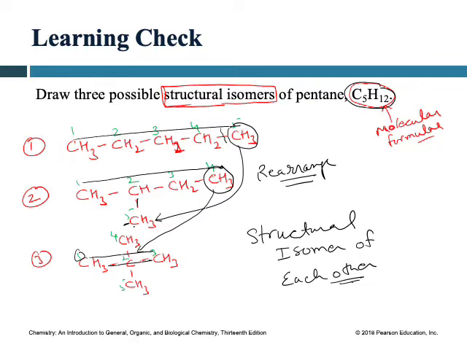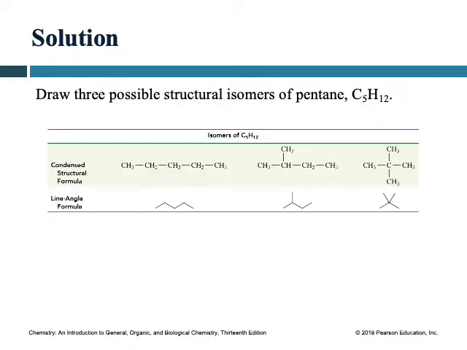Okay, so now let's get a new slide. This is the solution that I just explained, how you make a condensed structural formula, and you can also make a line angle formula. This is 1 2 3 4 5, all straight line bond. But for the second structure, 1 2 3 4, and the 5th is now present on the second carbon.